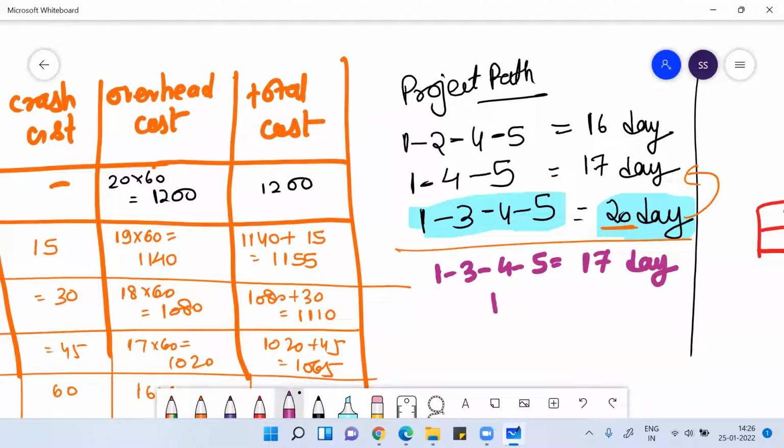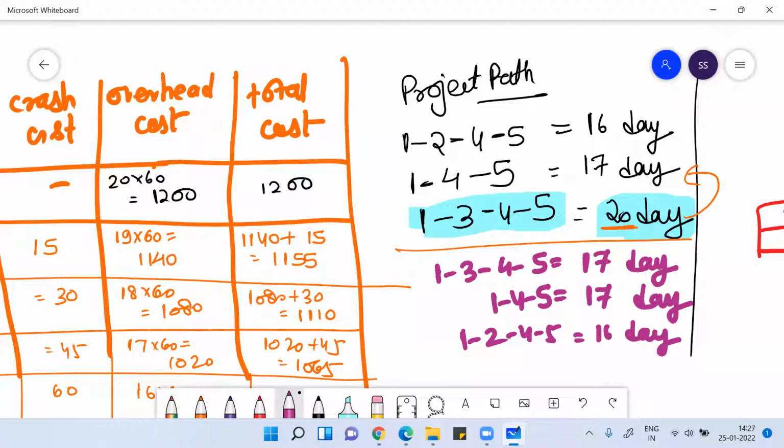Then you have 1, 4, 5, whose duration is also 17 days. Now, if you make it 16 by simply focusing on 1, 3, 4, 5, it can impact the path 1, 4, 5. Are you understanding? So if you want to reduce it further, where your 1, 2, 4, 5 was 16 days only.